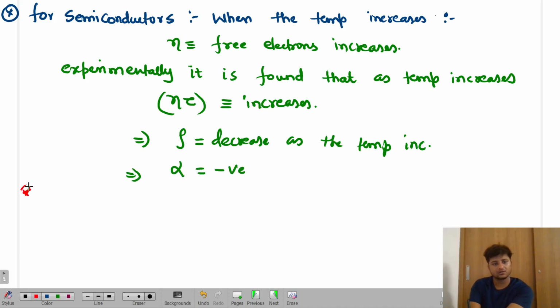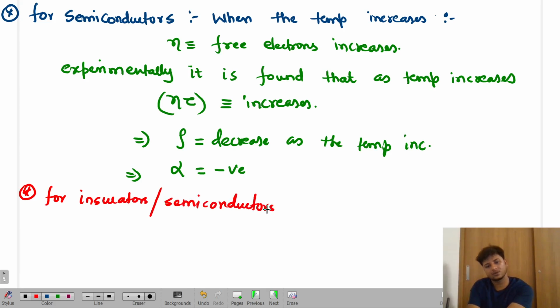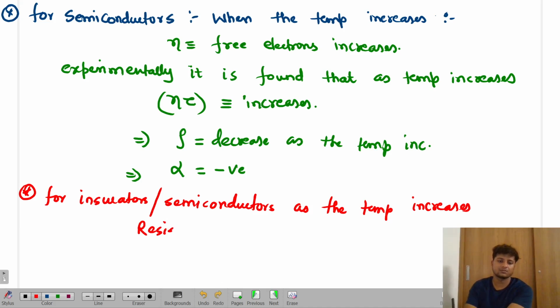Or you can say, for insulators slash semiconductors, as the temperature increases, resistance decreases.